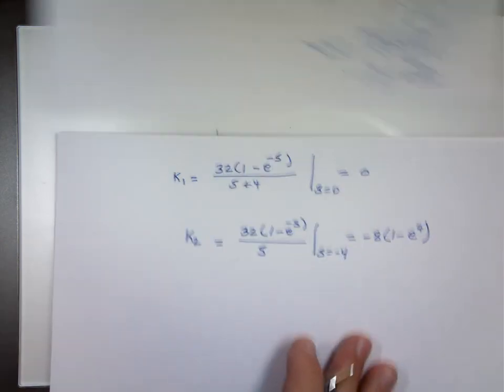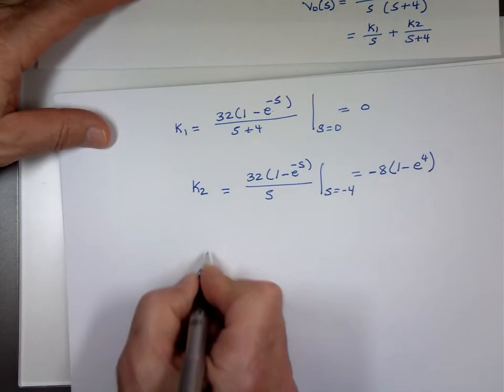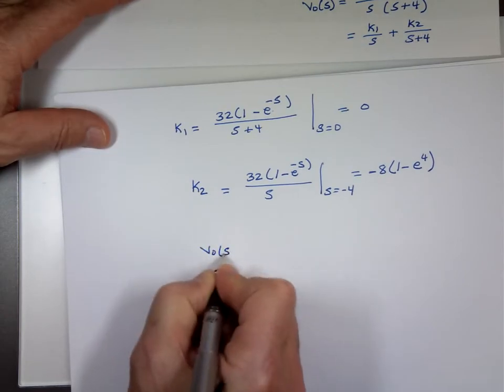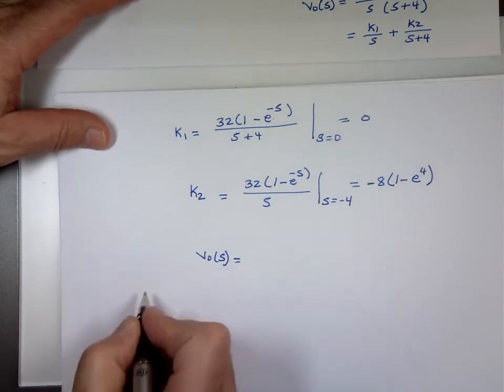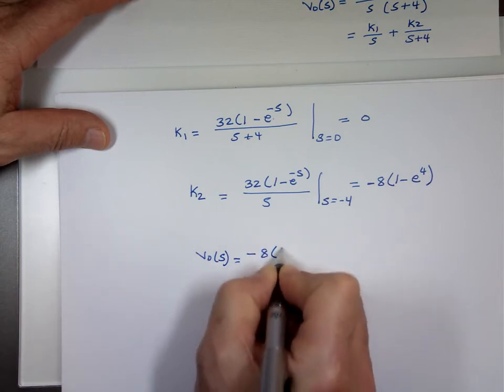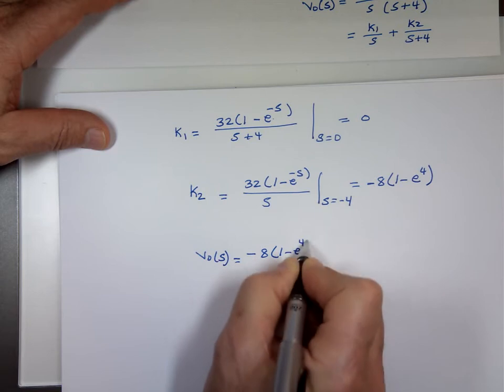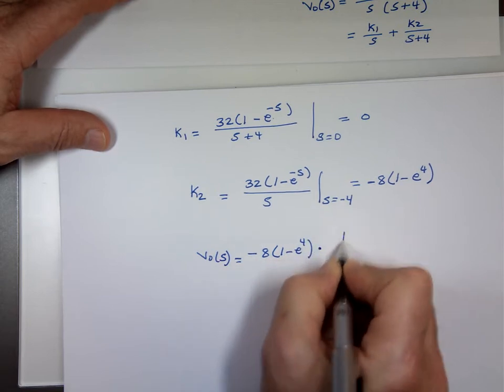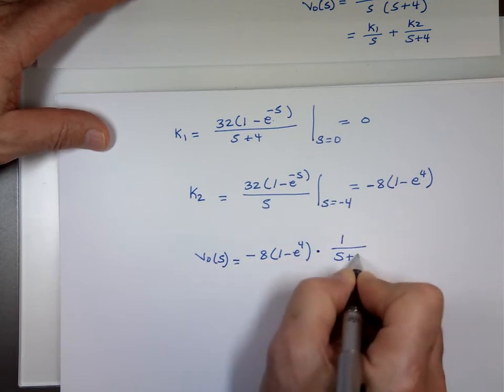So now I can say V out as a function of s is equal to what? Negative 8, that's a constant, 1 minus e to the 4th, times 1 over s plus 4. And what's the inverse of that? What's V out as a function of time?